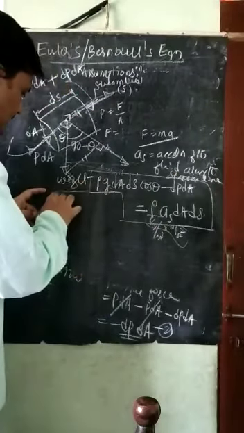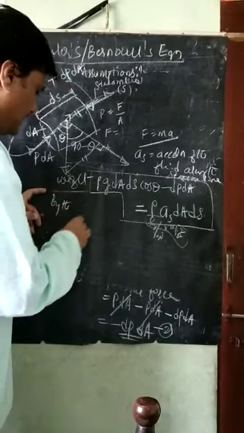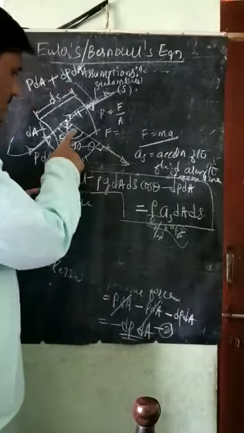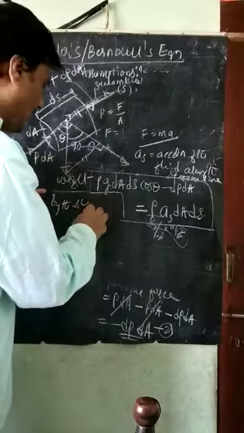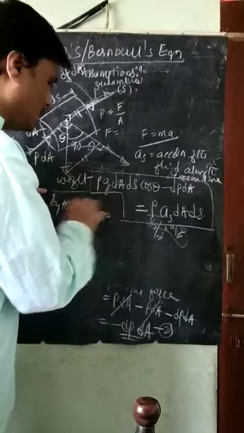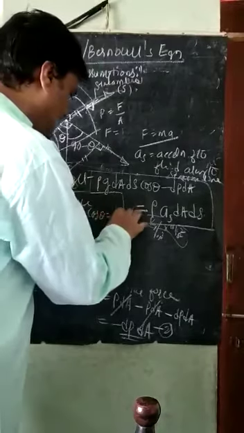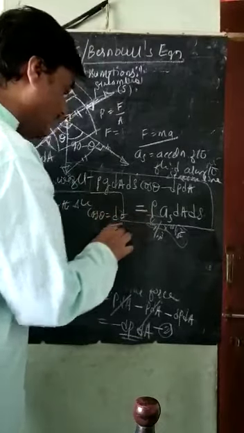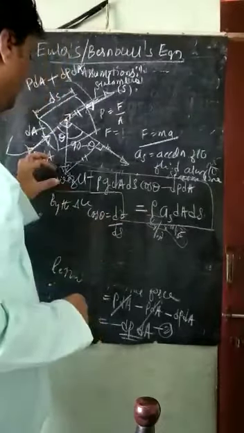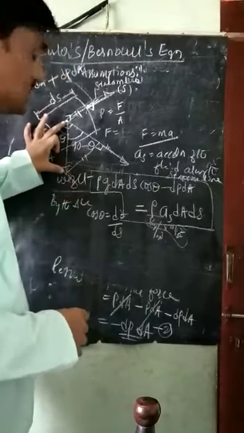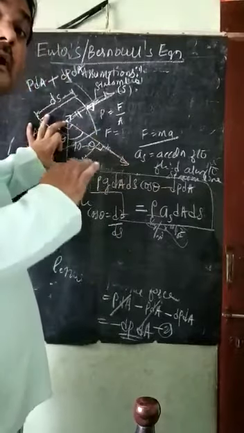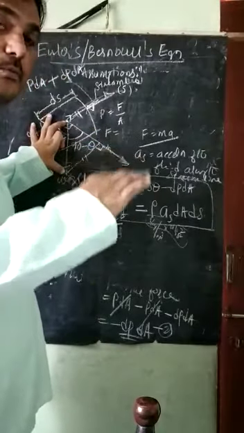By the triangle we have created, we can write cos theta is equal to dz divided by ds. What is dz here? dz is the elevation of the fluid element from the datum line, the reference for potential energy.